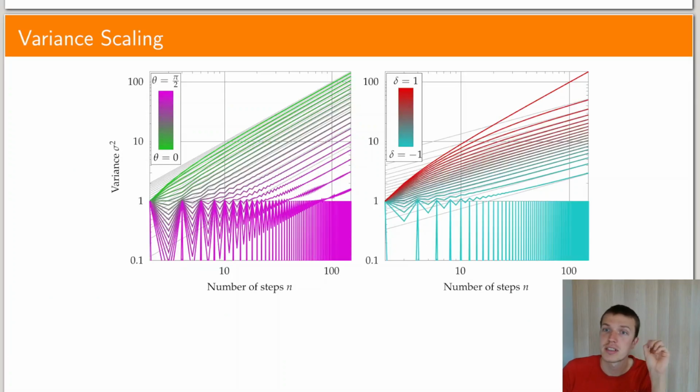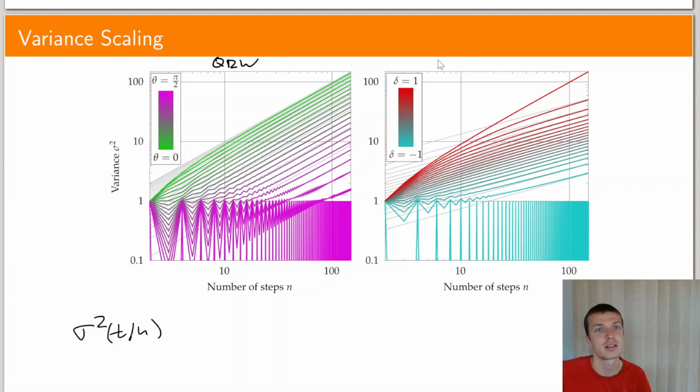The first difference that we see is if we plot the variance, or the square root of the variance, as a function of time or the number of steps, then we get a quadratic scaling for the variance in the quantum random walk.